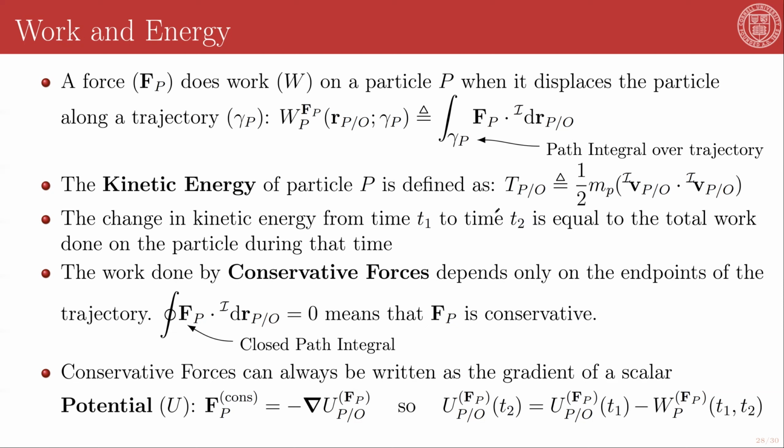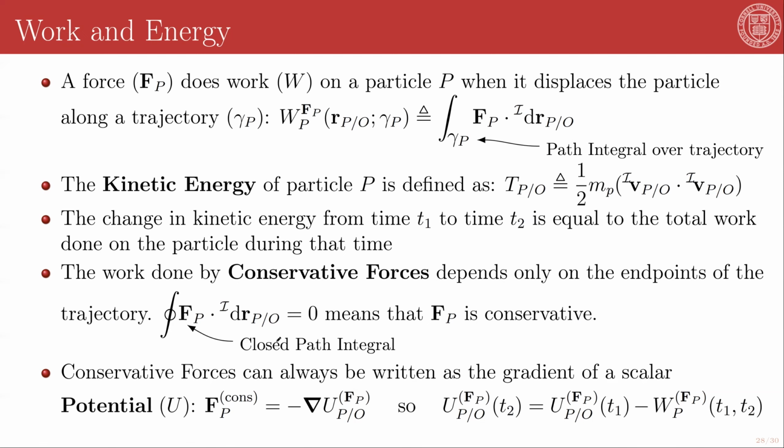However, work done by conservative forces, of which gravity is one, depends only on the endpoints of the trajectory. And that means that a closed path integral for a conservative force will be zero. The work done by conservative forces across a closed path trajectory is zero.